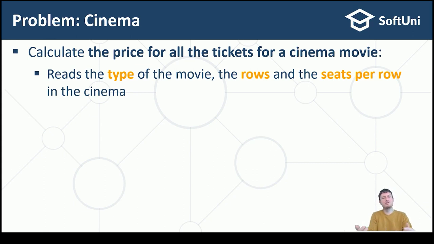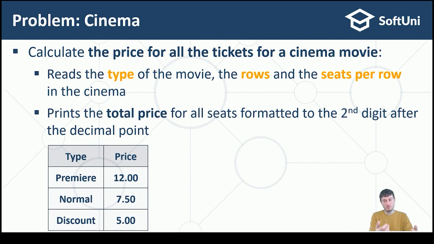It's called cinema. It's about calculating the price for all tickets for a cinema movie. The program should read the type of the movie, the rows, and the seats per row in the cinema, and it should calculate the price for all tickets. If all tickets are sold, what will be the price?